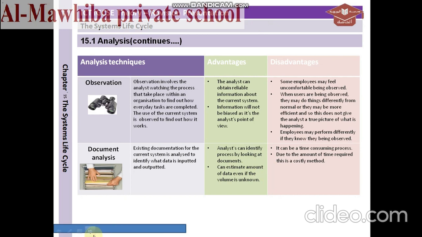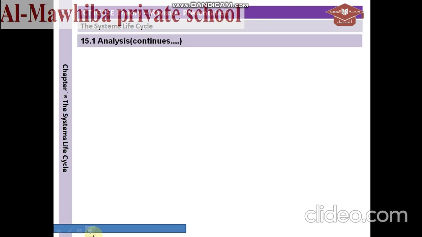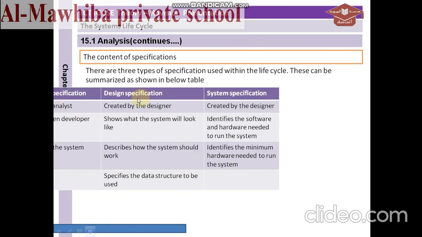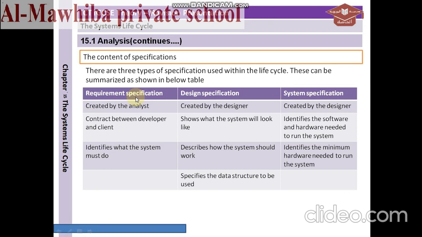Next is the contents of specifications. There are 3 types of specifications used within the life cycle. These can be summarized in the table. There are 3 types: requirements specifications, design specifications, and system specifications.